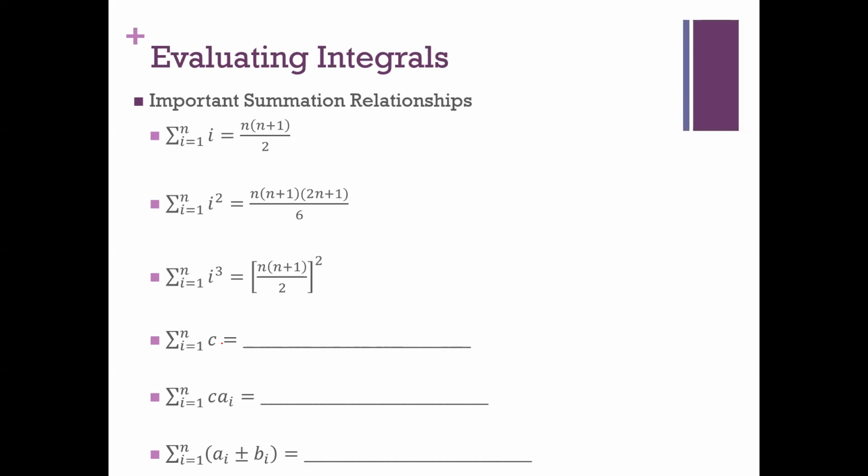So if C is a constant in this fourth one down, think about what a Riemann sum is. I'm going to add up how many things in that fourth Riemann sum? How many terms am I going to add?